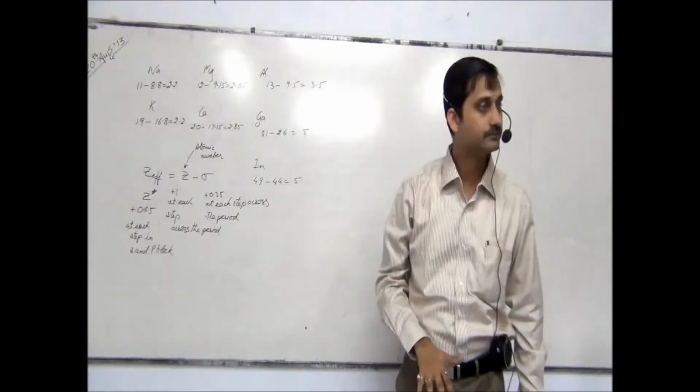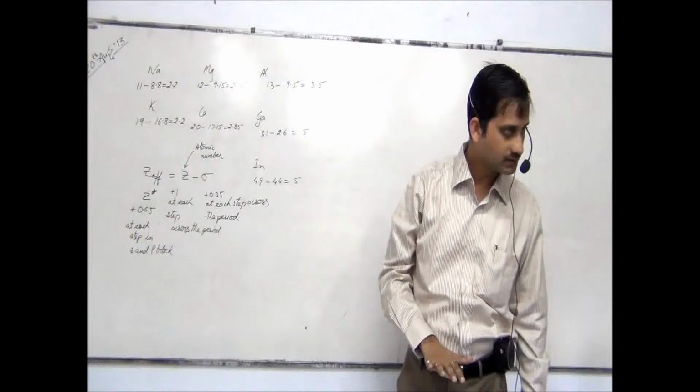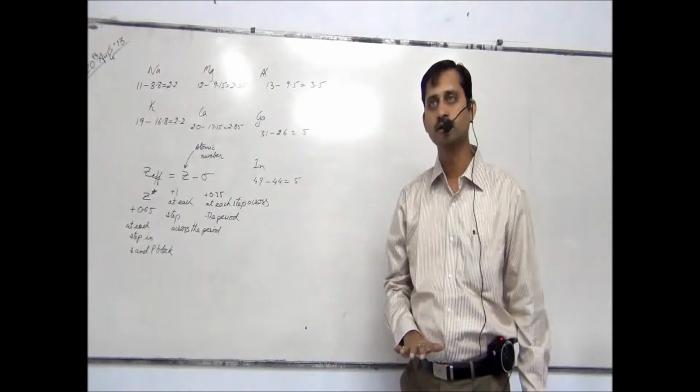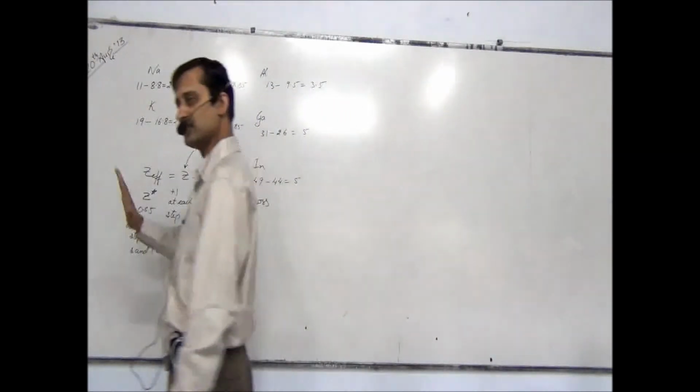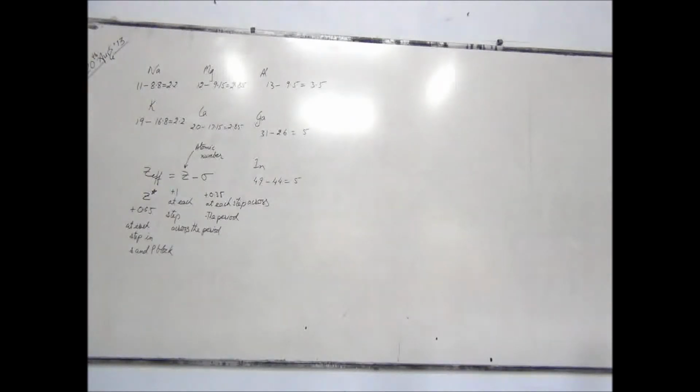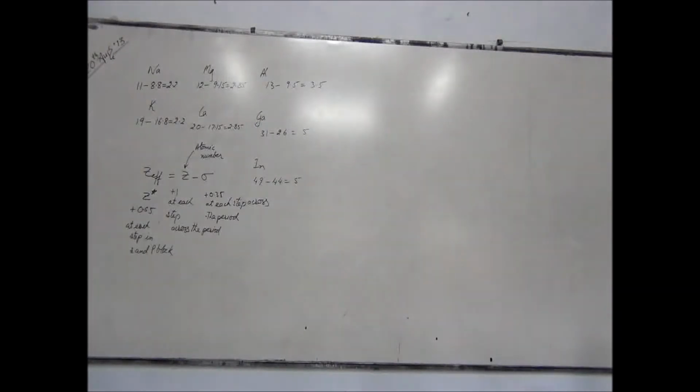Clear? Any problem in it? Fine? So as we move across the period, the atom size decreases. Clear? Okay. So this is the effect of effective atomic number.